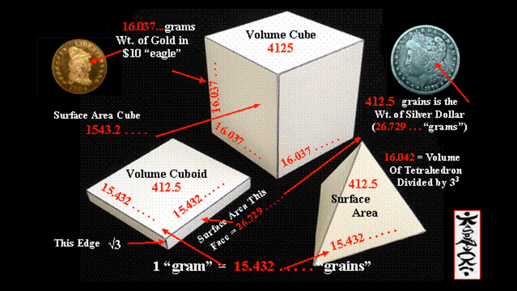What are the chances that the weights of these coins were actually the result of a secret design derived from geometry, and that within this geometry was a unifying system that reveals a timeless, inherent relationship between what we now call the gram and the grain?